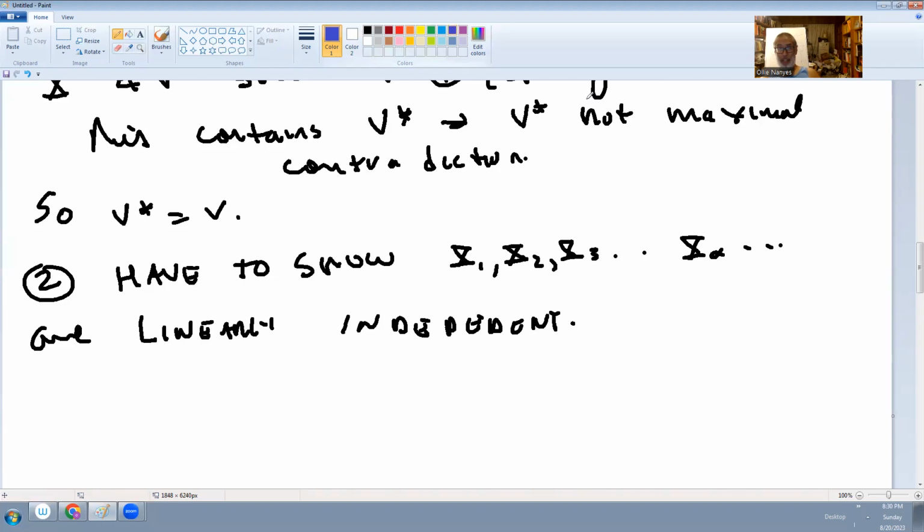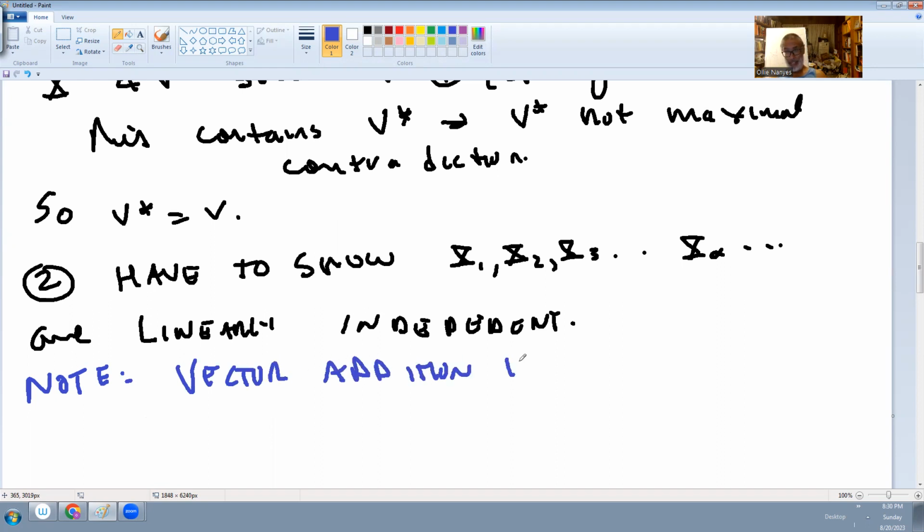What's a big deal here is that note vector addition is finite. Because remember, vector addition is in fact finite.